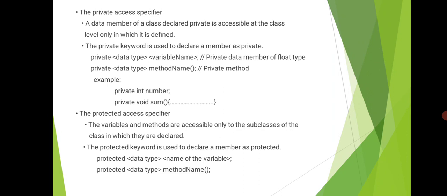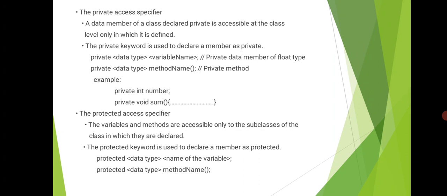The protected access specifier: the variables and methods are accessible only to the subclasses of the class in which they are declared. So if you declare something protected, it is accessible only to subclasses. It is also similar to public type, but it can be accessed within the class and within the same package, but outside the package it can be accessed only by the subclasses, not by other classes.